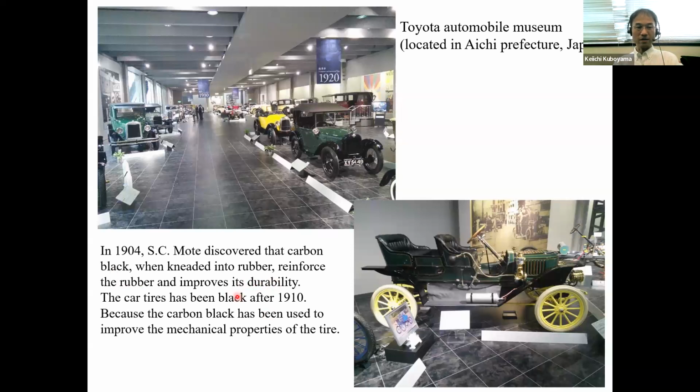So after that, carbon black was mixed with rubber and used for tires. So normally now, carbon black is used for tires.